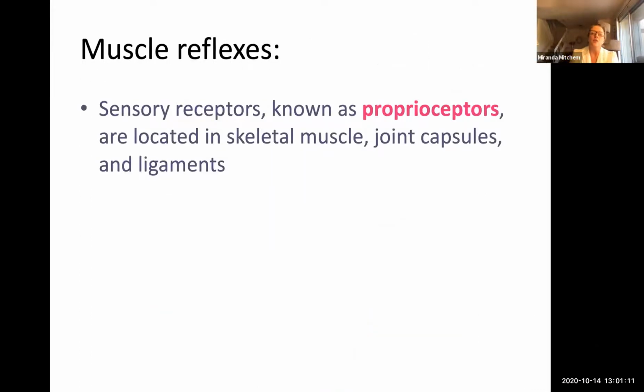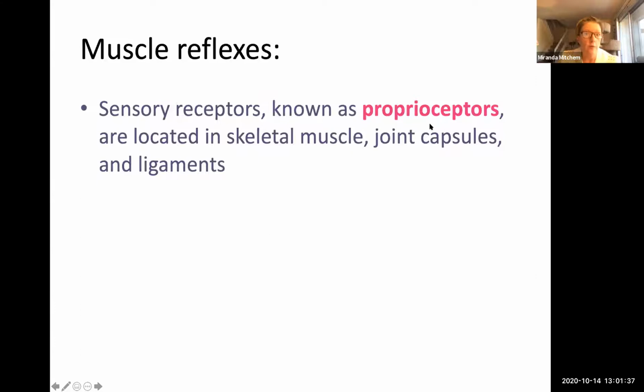Okay, so now let's focus in a little bit more. We've looked at the whole reflex, at the level of the organ system, the skeletal muscle system. But now we're going to zoom in a little bit more and look at the different types of stimuli that are present in our skeletal muscle. So we have what are called proprioceptors.